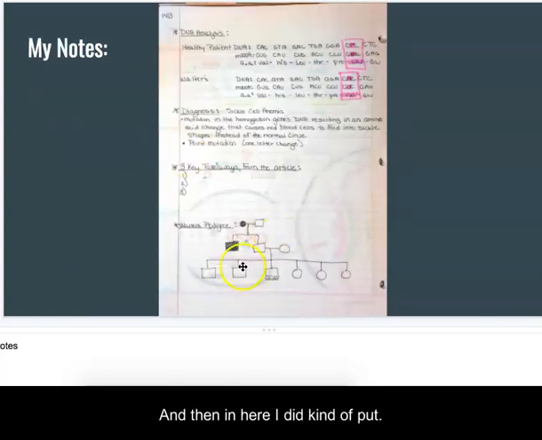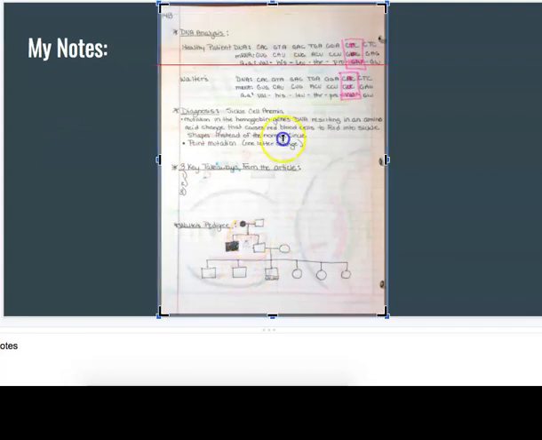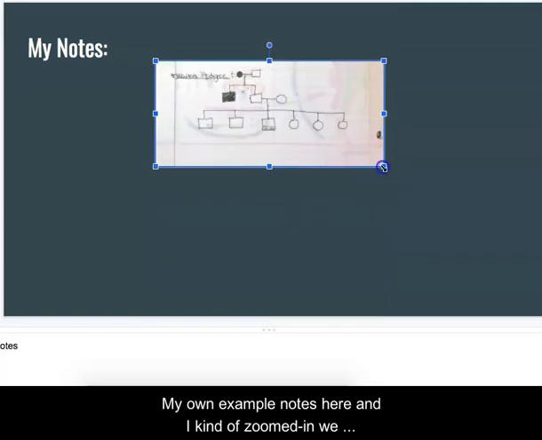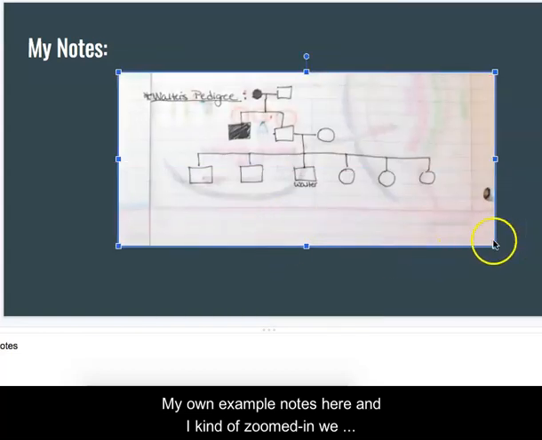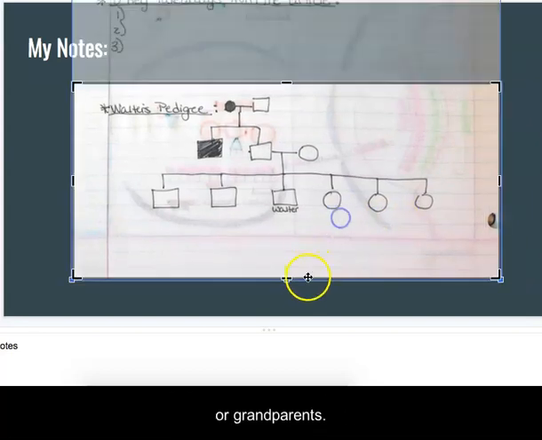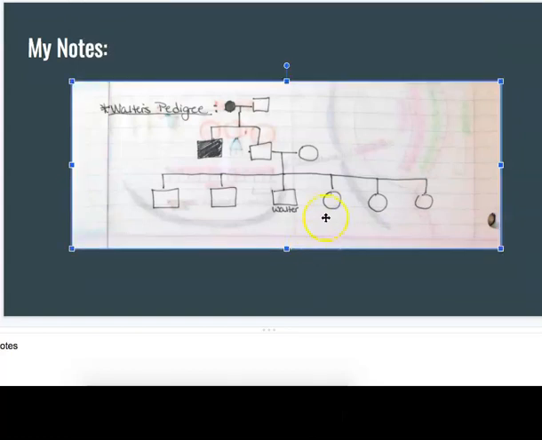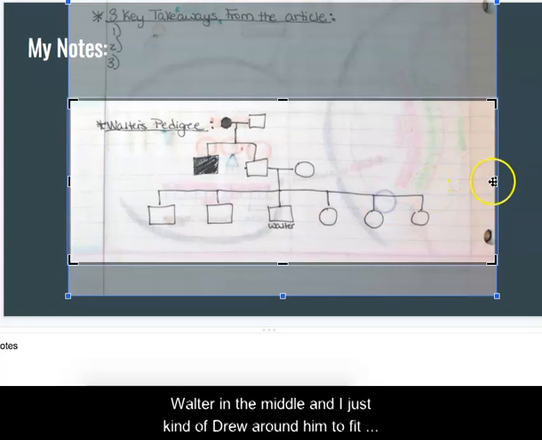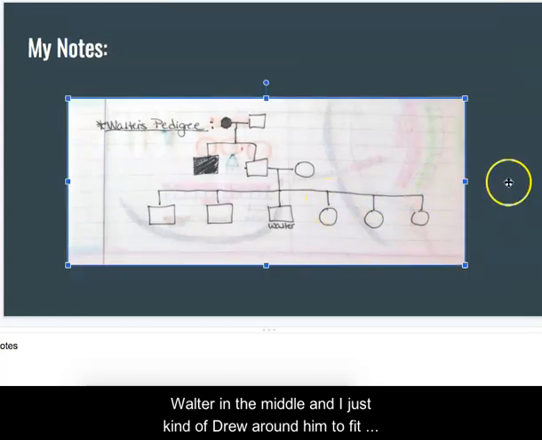And then in here, I put my own example notes, and I zoomed in. We don't know the names of any of his siblings or his parents or grandparents. We just know Walter. So I put Walter in the middle, and I drew around him to fit onto my space.